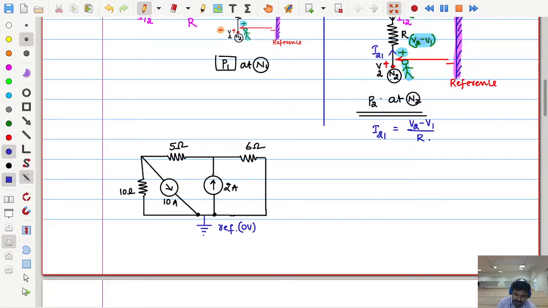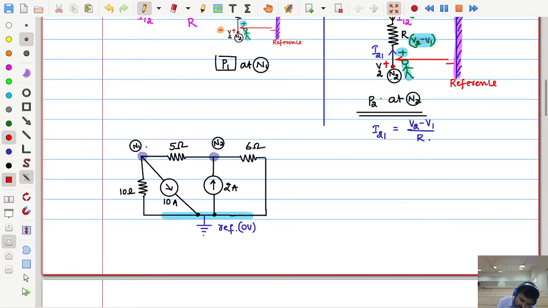Now one of the nodes we have already chosen as the reference. Let us see what the other nodes are. This is one more node, and two more nodes are there. Let me name this N1 and this N2. So we identified all the nodes and chose one node as the reference. Next we assume some node voltages.